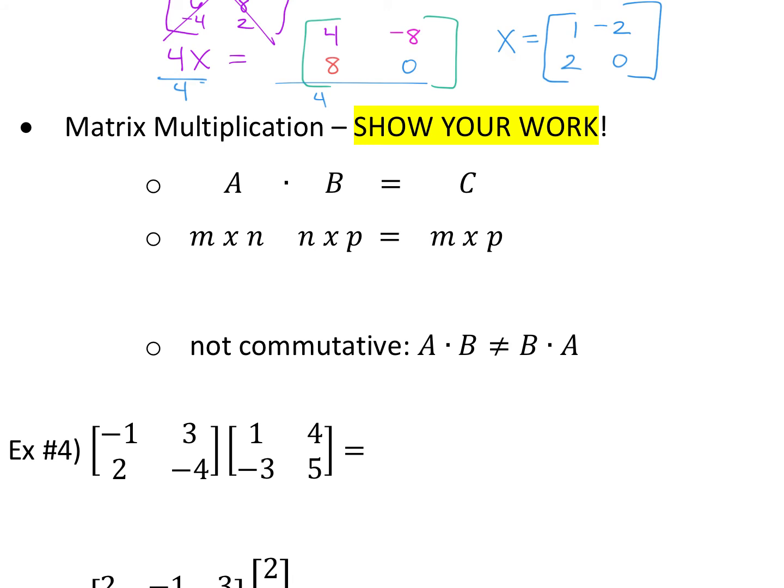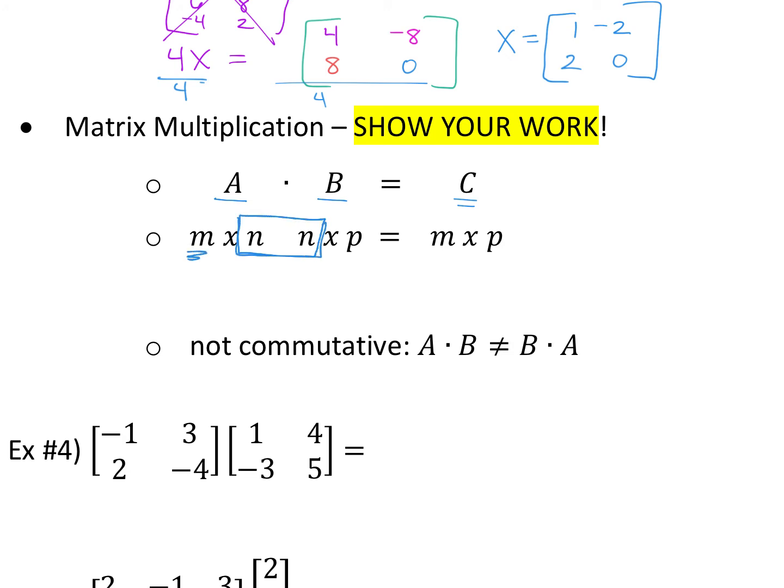Here's how it works. In order to multiply matrices, the inside numbers of your dimensions have to be the same. So, for instance, if I take matrix A times matrix B and it's going to equal matrix C, I have to have these two be the same.